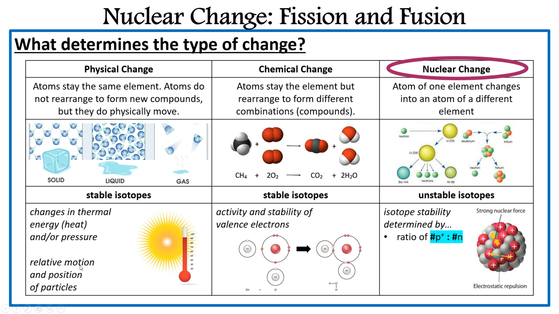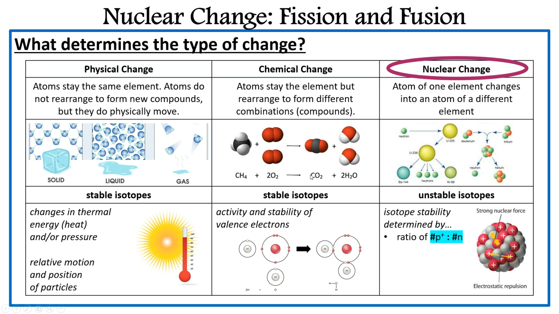And in general, it just has to do with the relative motion and maybe the position of particles, right? Because you could chop a piece of wood and you're not changing heat so much, but you are a little bit, and ultimately you're just moving the particles away from each other to get that physical change.